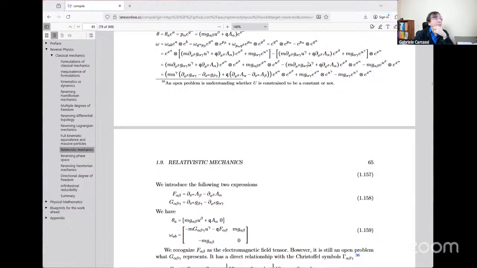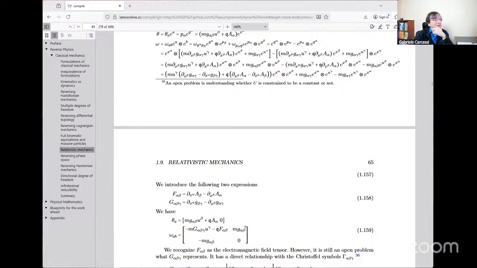And so when we re-express all this mess in metric form, we have that theta A is this, and the omega AB is on the diagonal.